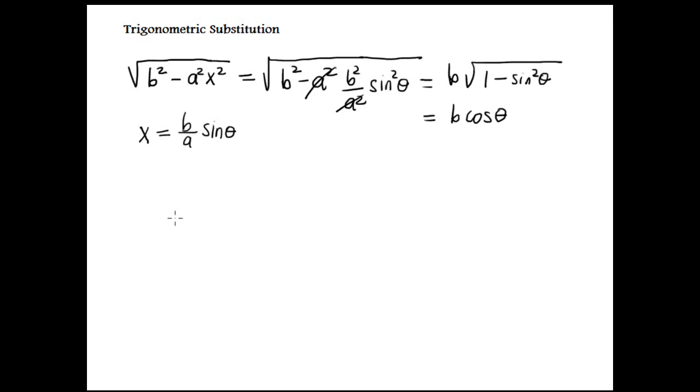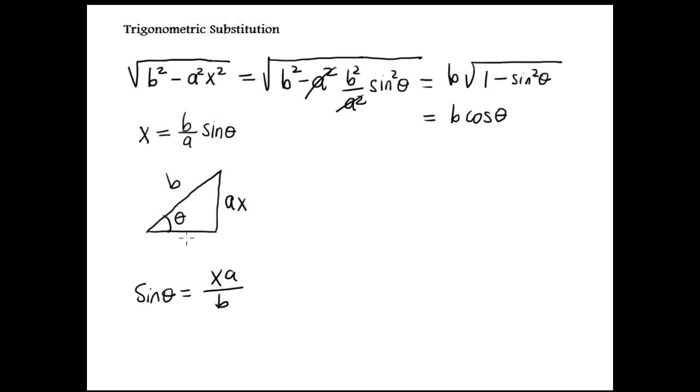Now we always do this triangle to make a sketch. This is classical, this is the theta angle. So sine theta is equal to a x over b. Isolating sine theta, a x is the opposite, the hypotenuse is b, right?